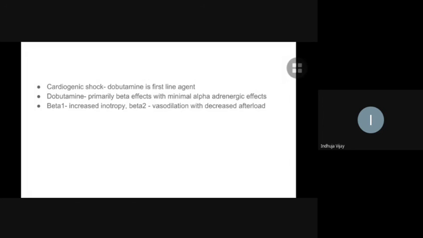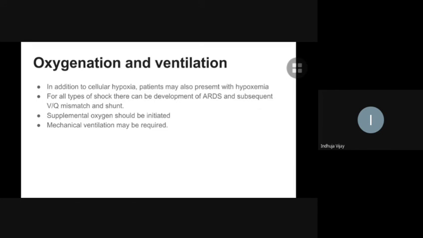When the afterload decreases, the pumping efficacy will increase, but the SBP should be at the higher end when we give dobutamine, and we monitor the BP at regular intervals.